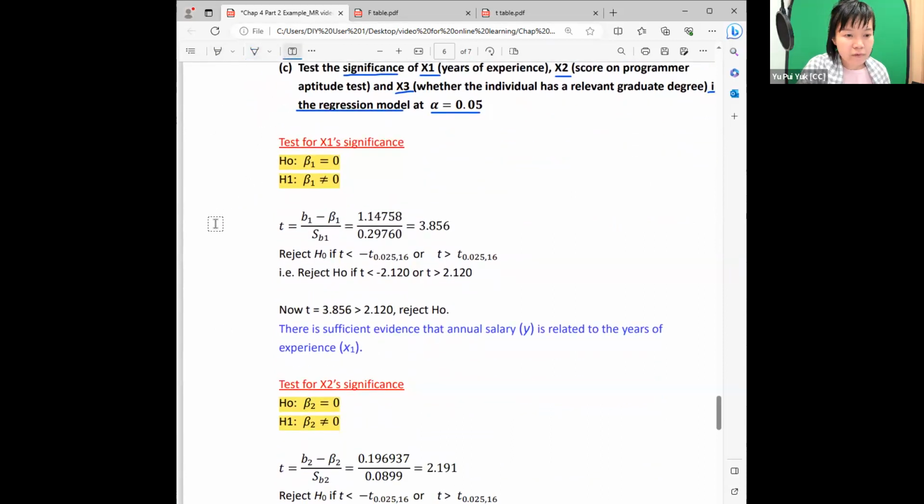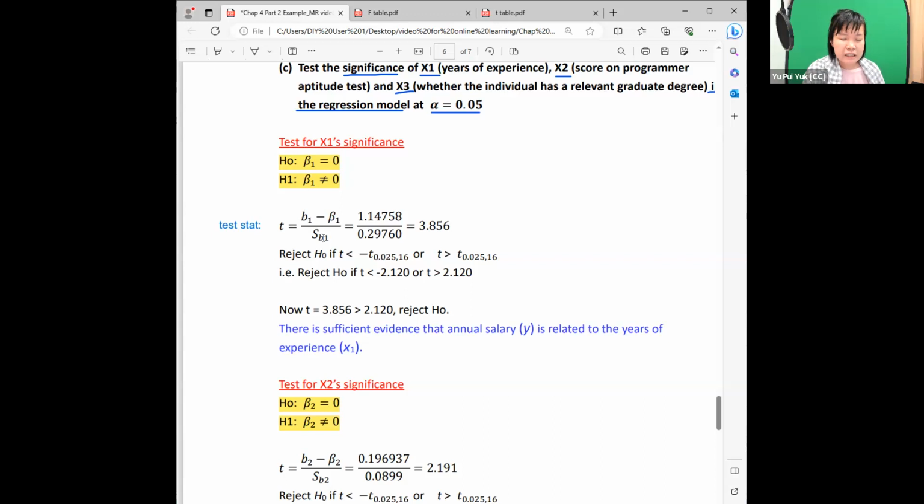So this is the t-test statistic formula: t equals b1, the sample slope, minus beta 1, the population slope, over Sb1. Sb1 is the standard error of b1. These two values are given in the questions.